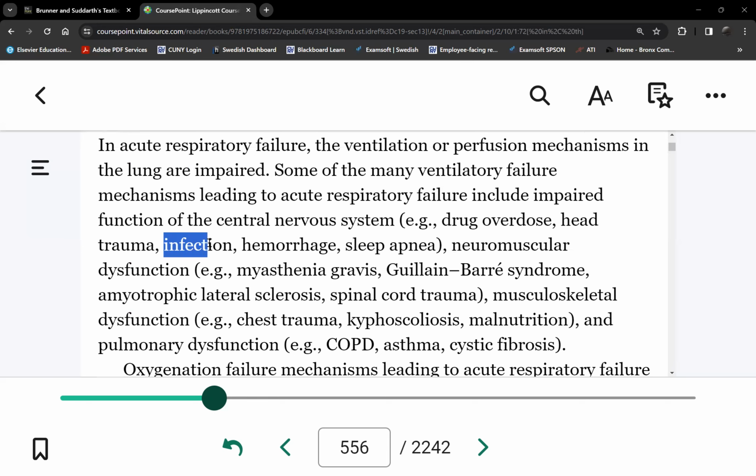You have sepsis. Does that lead to shock? What happens to oxygen there? Also drops, right? So sepsis or any shock can lead to respiratory failure. Hemorrhage, same? Yeah, because blood carries oxygen. You don't have enough RBCs to carry that oxygen, which causes respiratory failure. Sleep apnea.